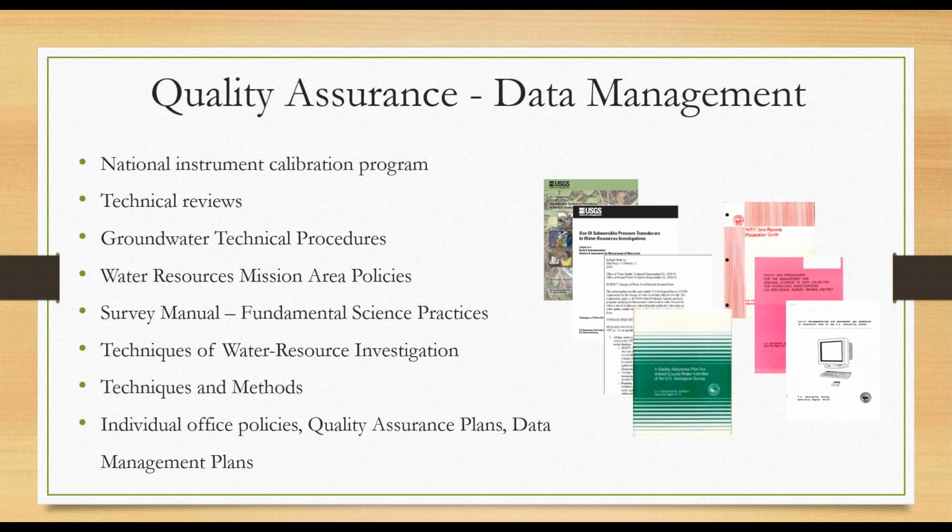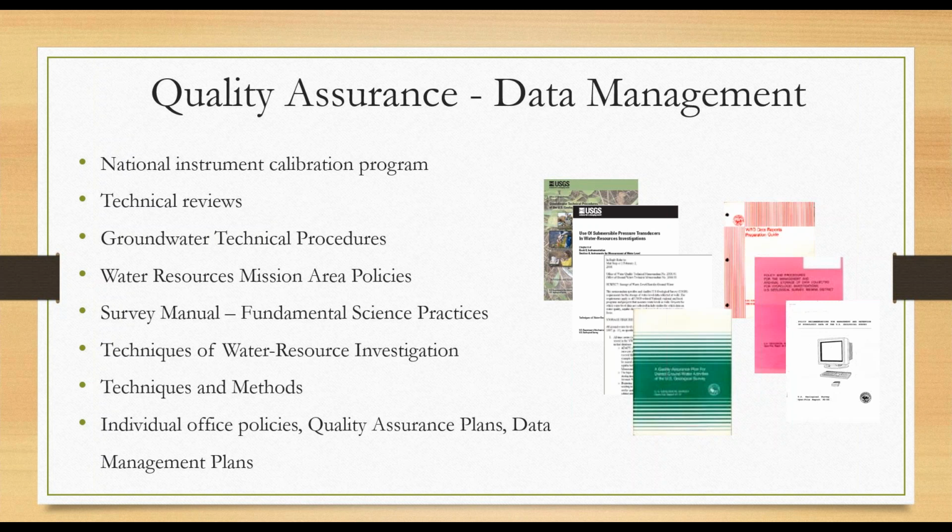We have a written groundwater technical procedures document, water resources mission area policies, and USGS-wide survey manuals that include fundamental science practices to make sure that our data are collected and quality assured in a consistent manner.